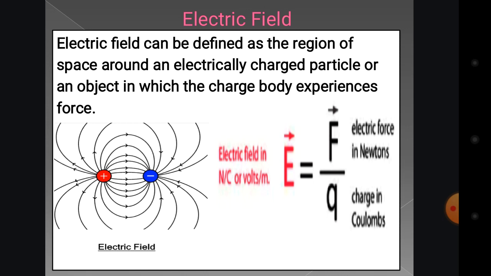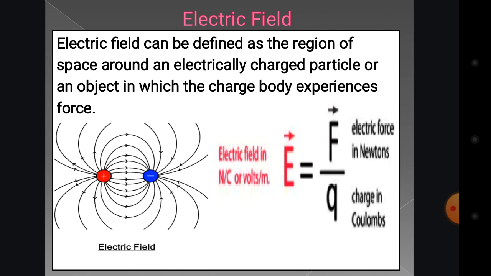It is a region around electrically charged particles. When we say electrically charged, we are talking about positive charges, or an object in which the charged body experiences a force. Any body or object that experiences a force has an electric field, and that electric field is due to electrically charged particles, the positive and negative charged particles.